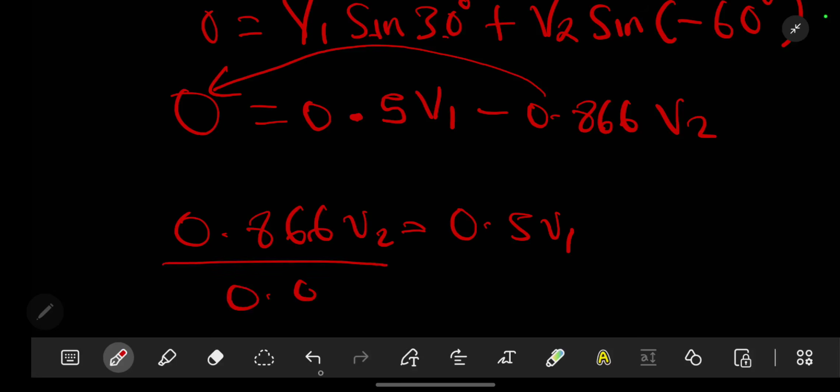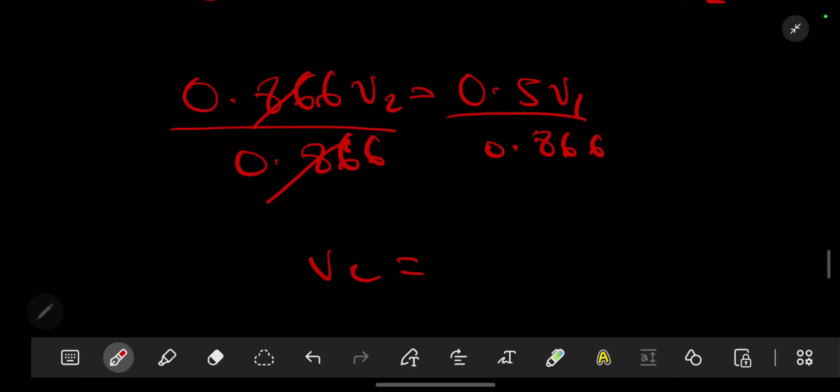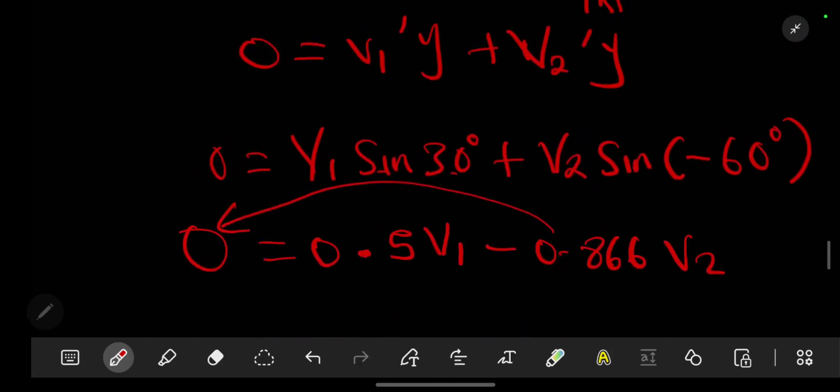We divide 0.5 by 0.866. This is going to give us V2 should be equal to 0.577 V1. So this is our V2, equal to 0.577 V1.